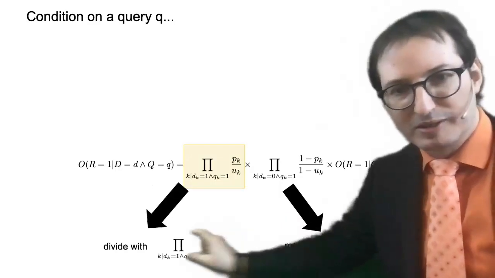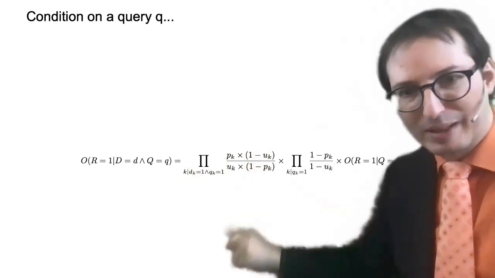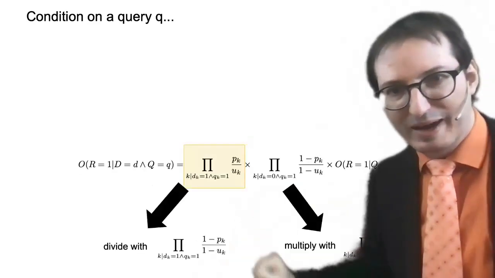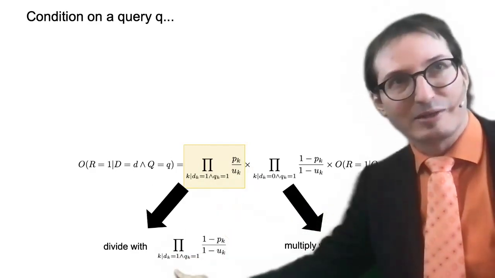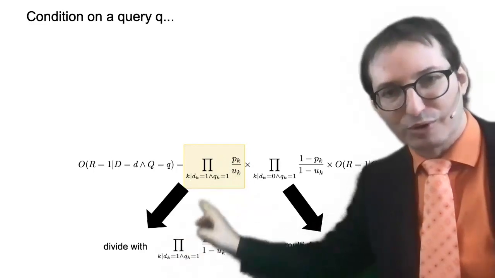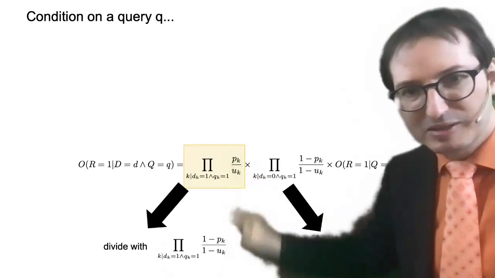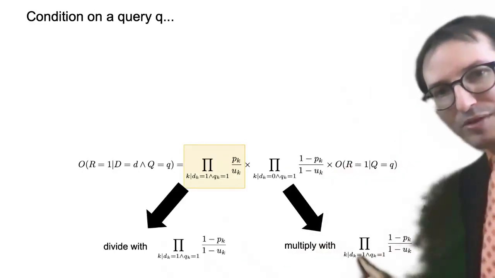Since you divide, you need to swap up and down. So the 1 minus UK from below ends up there, the 1 minus PK ends up there. It's exactly the same condition here in my product, right? I'm just using the commutativity of the product. So I put them pairwise. This divided by this gives me that. Now I multiply with the same thing.